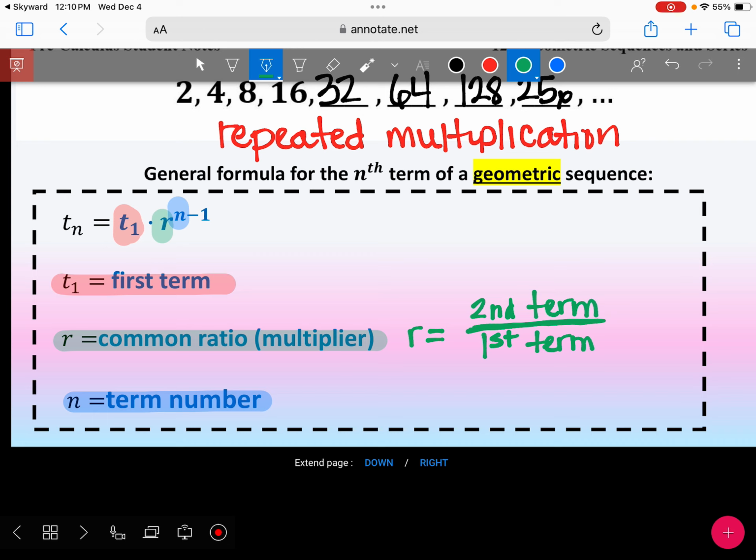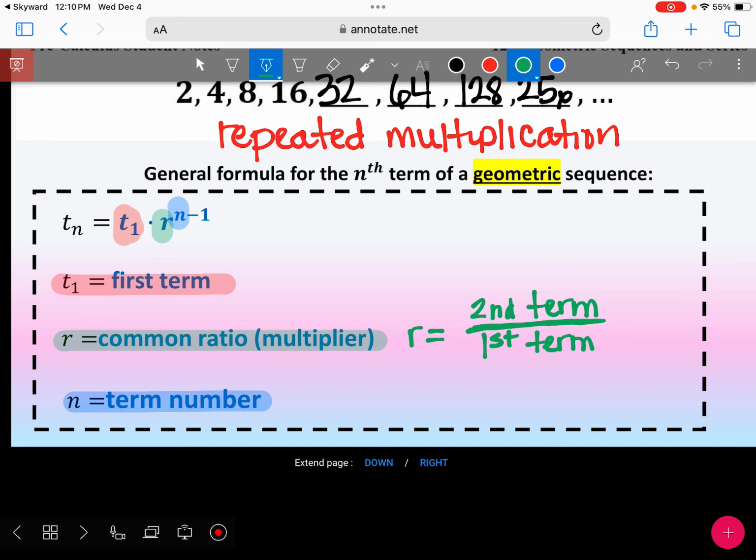You might have a multiplier that's like 0.6, 1.3 or 1.6, and that's harder to figure out without a calculator. So that is a formula that you can use to find what the multiplier is.